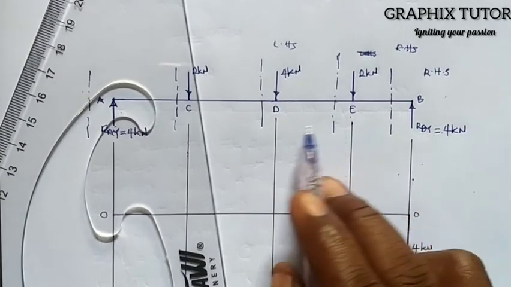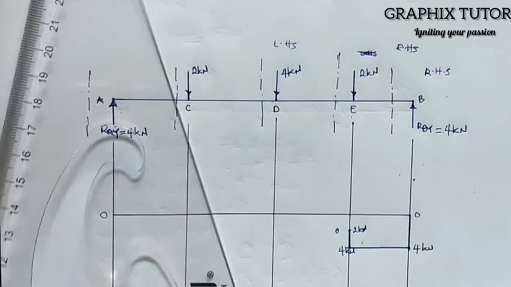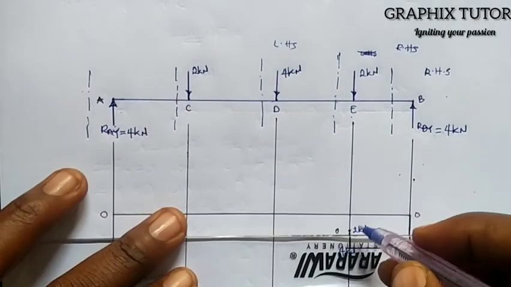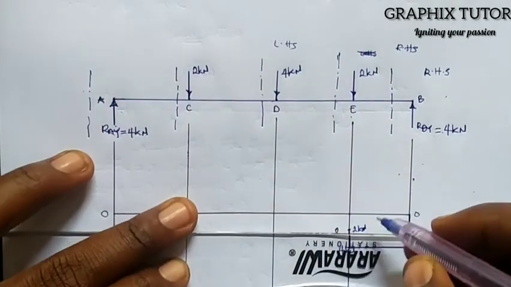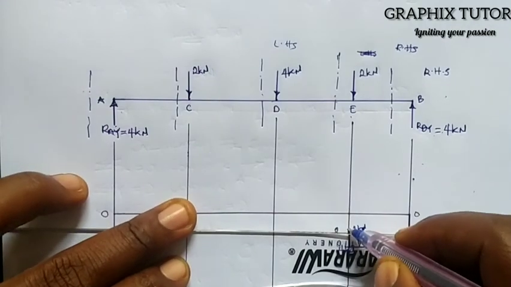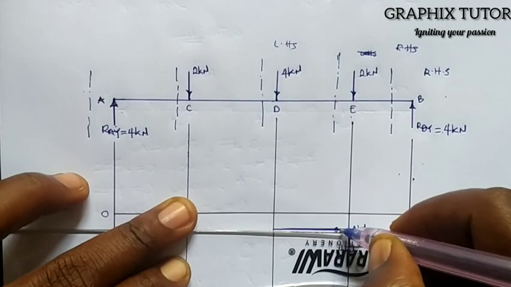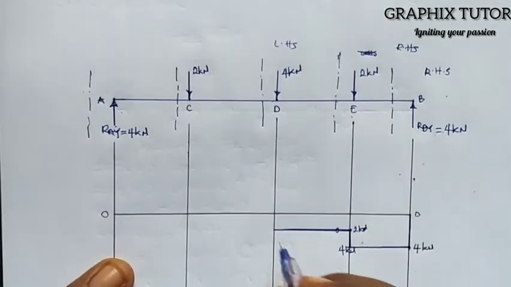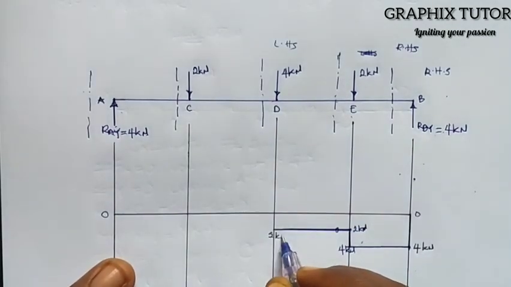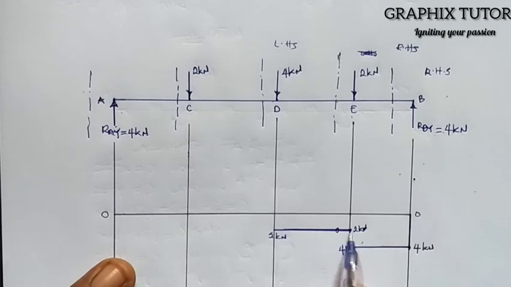Between E and D there is no force, so I'm going to use a straight line to connect it from E to this point here, to D. So there is no force. It's also 2 kilonewton because it is constant, no force in between them.